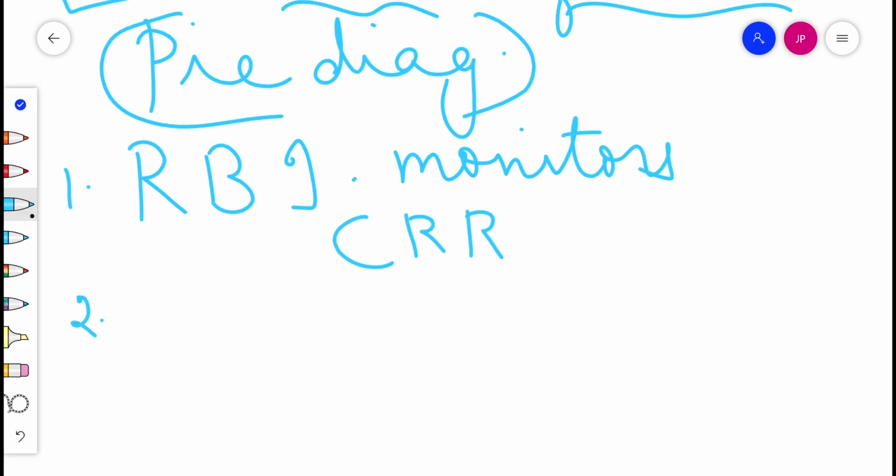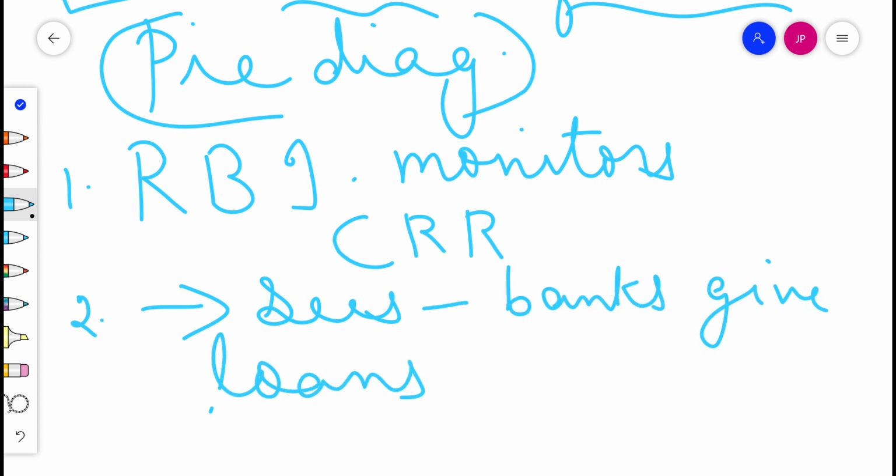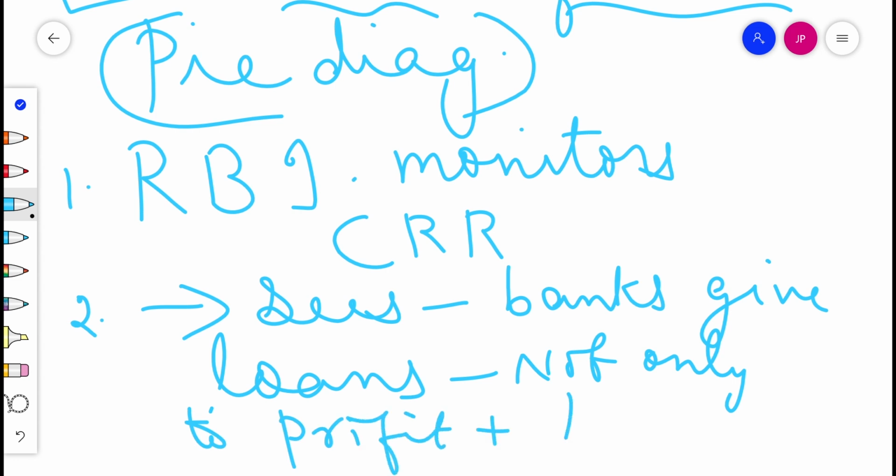Secondly, the RBI sees that the banks give loans not just to profit-making business and traders, but also to small cultivators, small-scale industries, to small borrowers, etc. Not only to big profit-making institutions, but also to small industrialists, small farmers, cultivators, etc. That also RBI has to see.